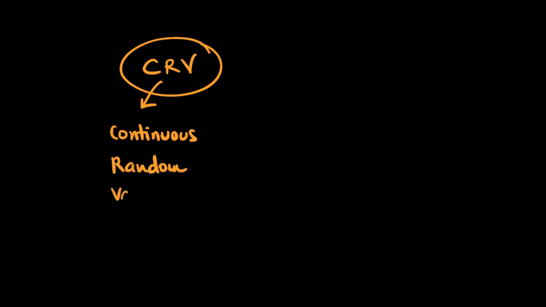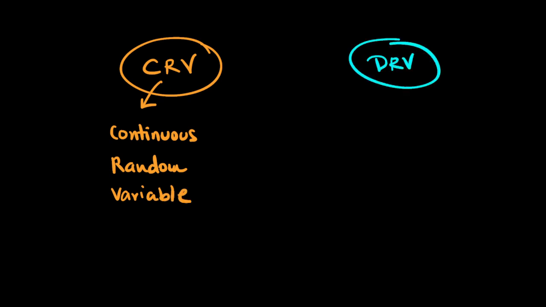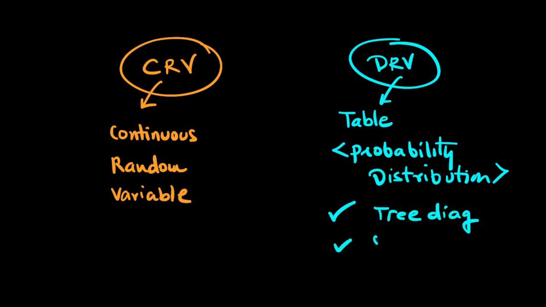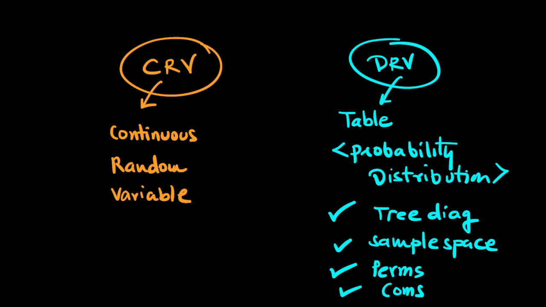Now, how is it different from DRV, discrete random variable, which we have studied before? Over here, we had a probability distribution table. Now, this probability distribution table was formed either on the basis of calculation of probabilities using a tree diagram or a sample space diagram, or it could be calculated on the basis of permutations, or on the basis of combinations.